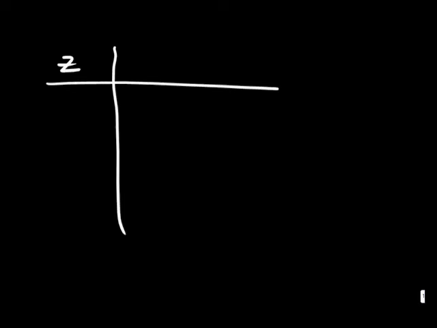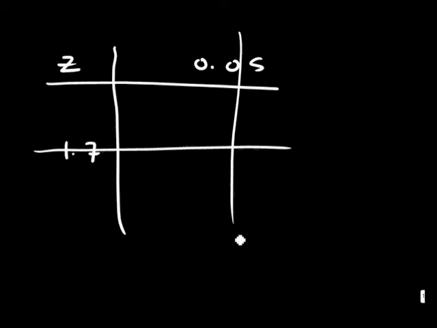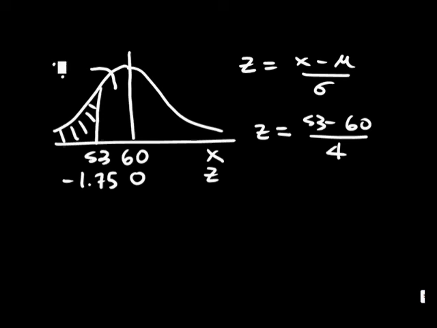Since we can use symmetry and a positive z-table for z-scores, we look for row positive 1.7, column 0.05, and we'll find 45.99%. So 45.99% of the bell is not shaded on that whole left side.